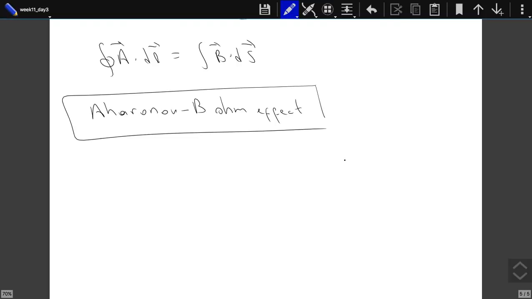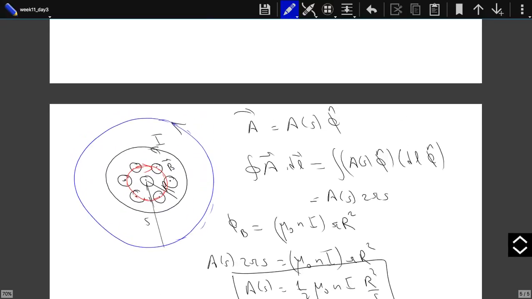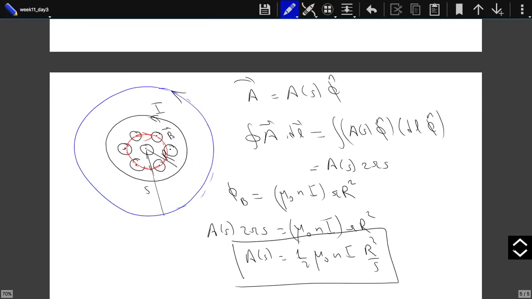Does the vector potential have a physical significance beyond giving our B field? Especially in this problem of the solenoid, outside there is no B field. But outside the vector potential is still not zero. There is a vector potential, but no B field.